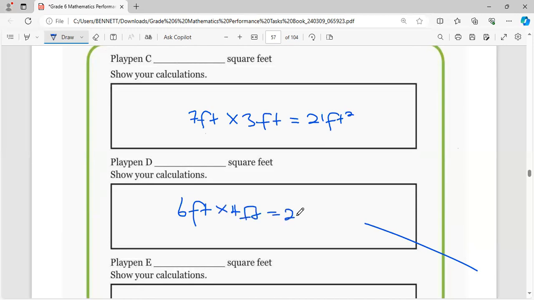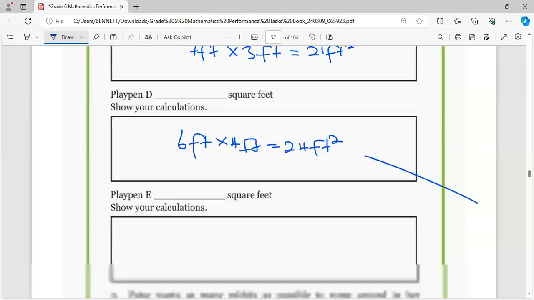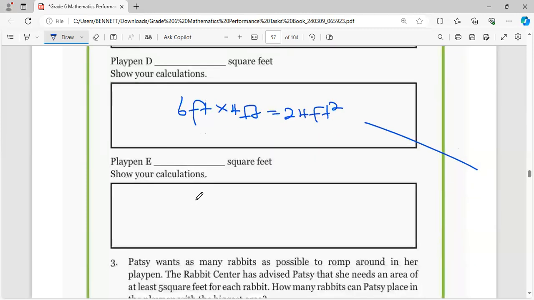Sir, today we got a mathematics mock exam and I ended up getting 17 out of 20. Okay. No, sir.